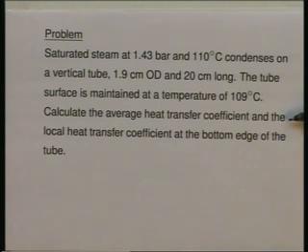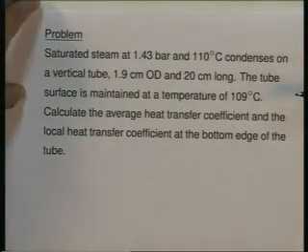Calculate the average heat transfer coefficient H bar and the local heat transfer coefficient H at Z is equal to L, at the bottom edge of the plate. That is the problem. It is a straightforward substitution into the Nusselt formula that we have just derived. No real complications. I just want to illustrate the whole procedure.